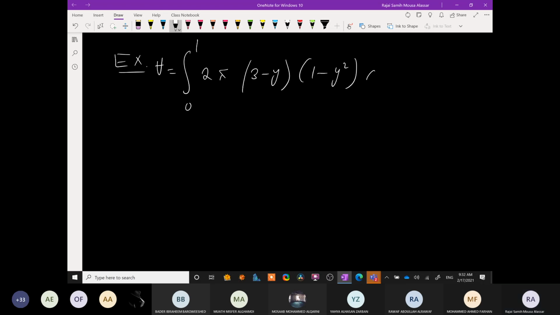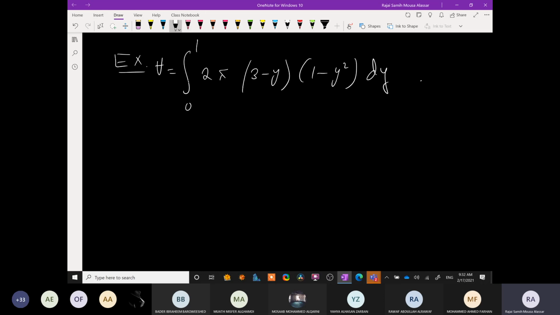I want you to describe the solid that has this integral. The volume is given by 2 pi, 3 minus y, 1 minus y squared, dy. What am I going to do?